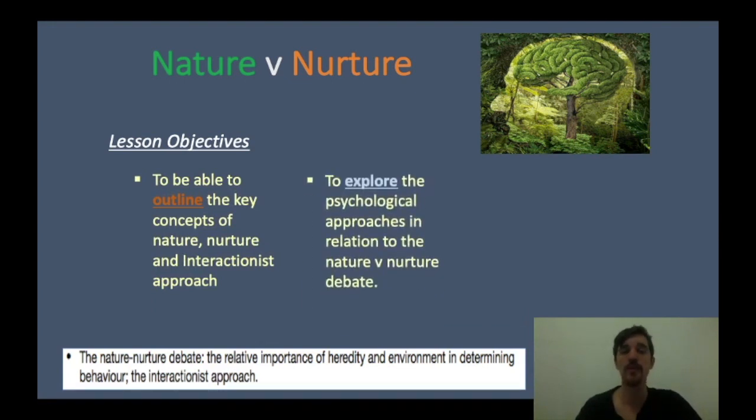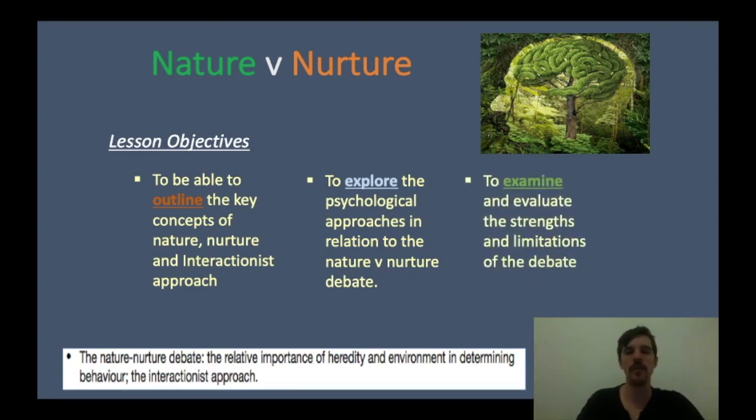We want to explore some psychological approaches in relation to the debate, tying what we have learnt to psychological understandings: what would Freud say, what would Skinner say, Maslow, etc. Then we want to examine and evaluate the strengths. This is the AO3 content, which I'm going to go over quite a lot.